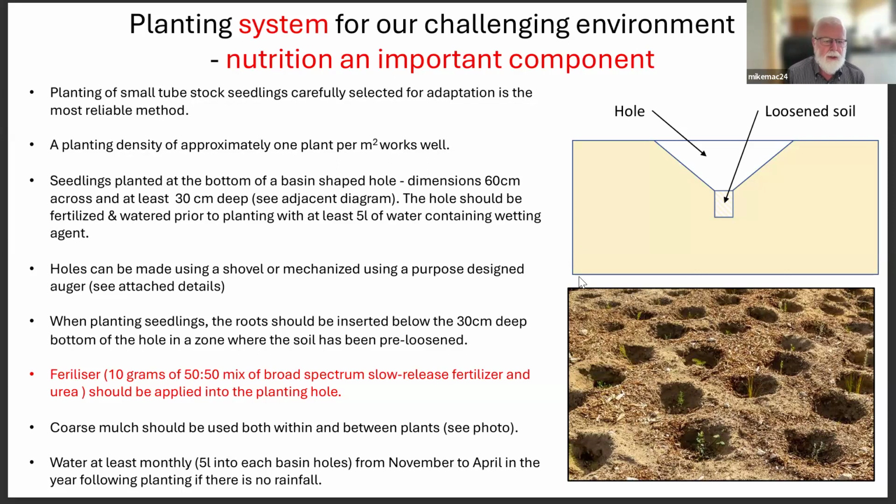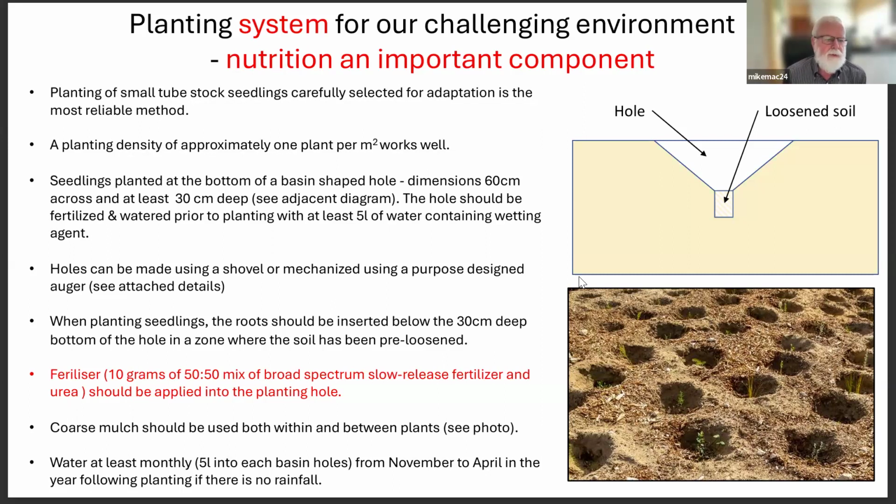Early on, we made those holes by digging with shovels, but in more recent times, we've developed a way of doing that mechanically. I'll come to that separately, but you can see the holes that we produce in the image on the screen.